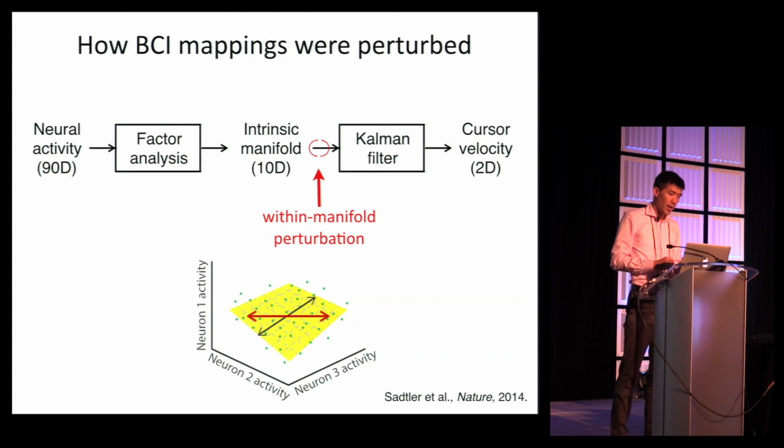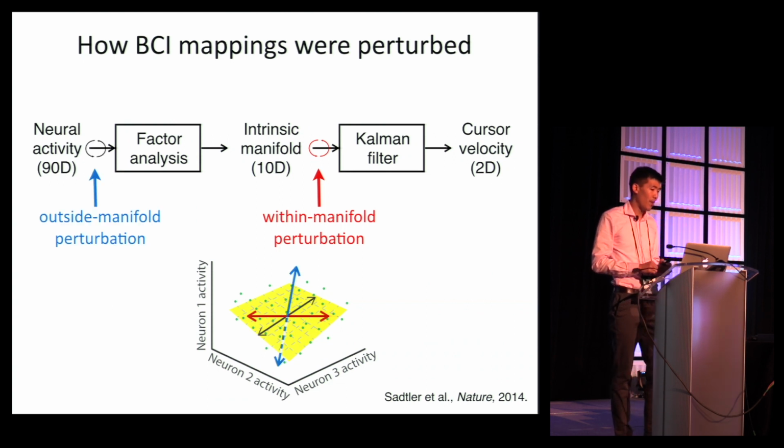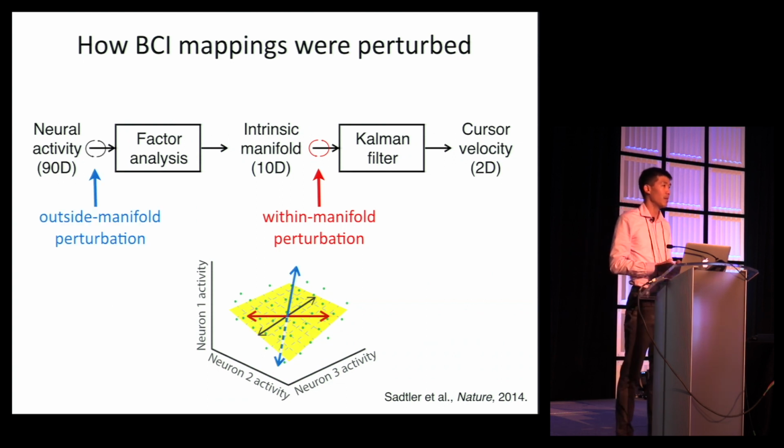In the second type of perturbation, for the outside manifold perturbations, we permuted the order of the neural units before we input them into factor analysis. So say 2 neurons, which positively correlated before, may now need to negatively correlate.